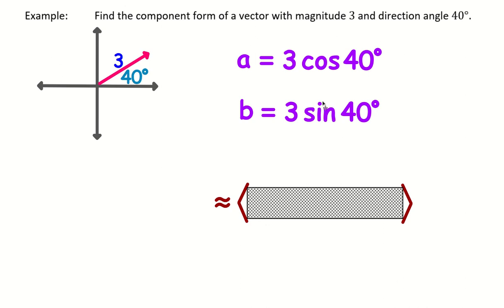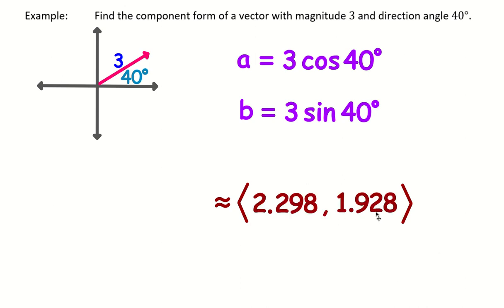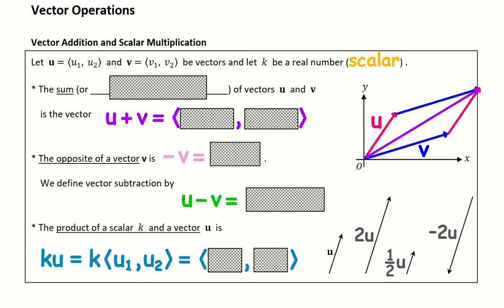And so you just grab a calculator and, boom, bam. So this would be the component form of this vector with approximate values. So again, more basic trigonometry.